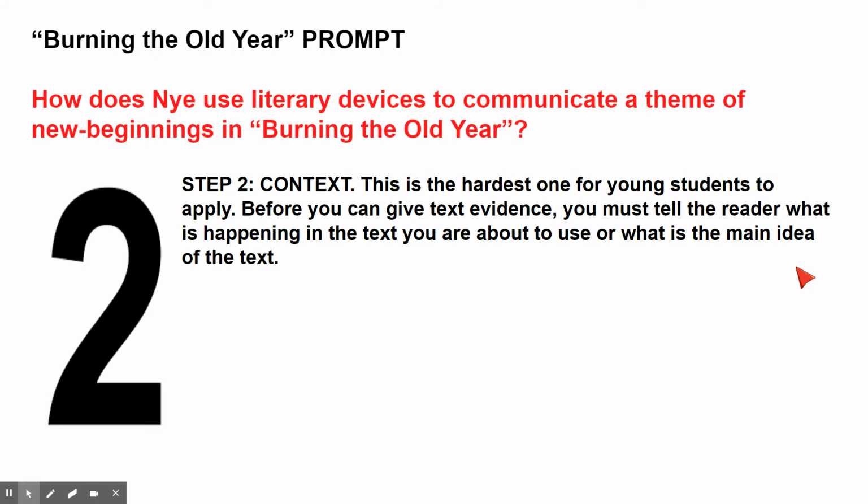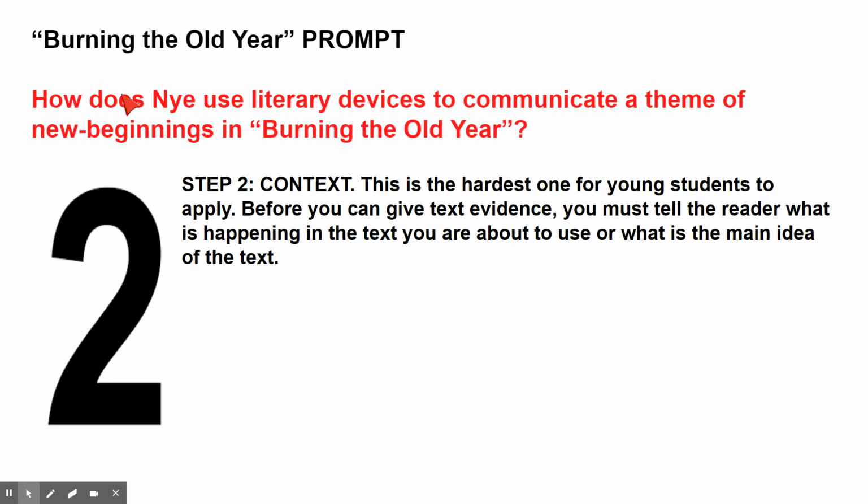A lot of people in their Telltale Heart essays were just dropping text evidence into a paragraph with no real type of lead-in. Okay, speaker tag is not enough of a lead-in. You have to have context. And think of context as an extension of the lead-in. Okay, you need to tell the reader what's happening in the text you are about to use, or what's the main idea of the text.